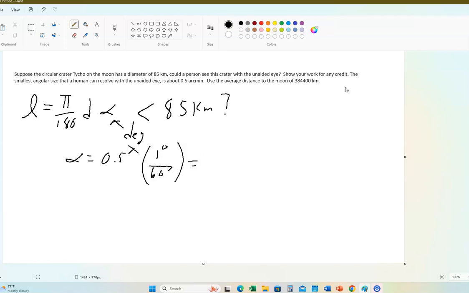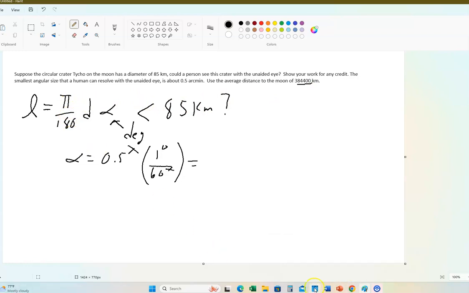Here you can pretend that's them canceling. So it's 0.5 divided by 60 degrees. We're going to get that number, and then whatever that number is, we're going to put it in here. We're going to multiply it by the average distance to the moon, and then multiply by pi, and then divide by 180.